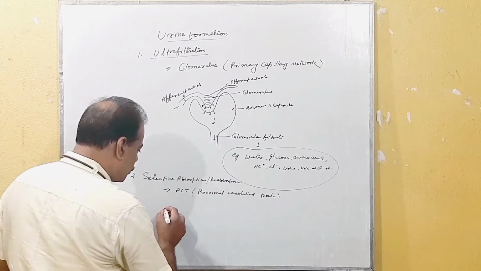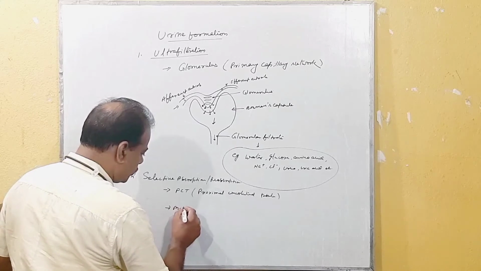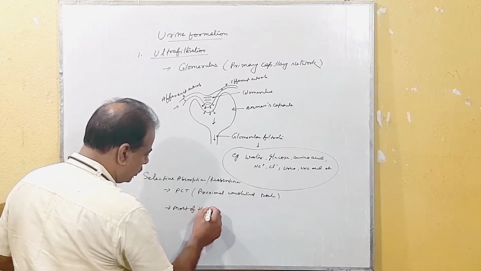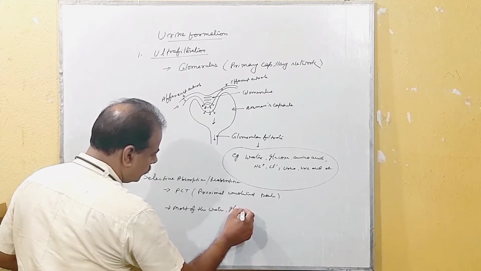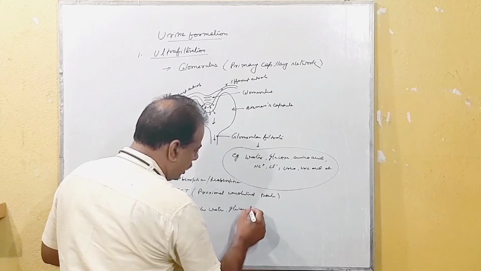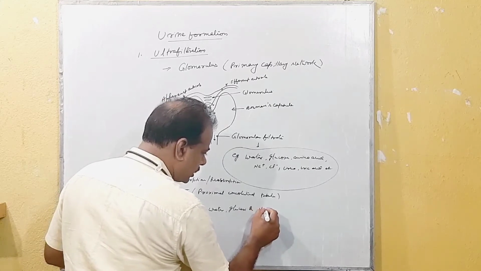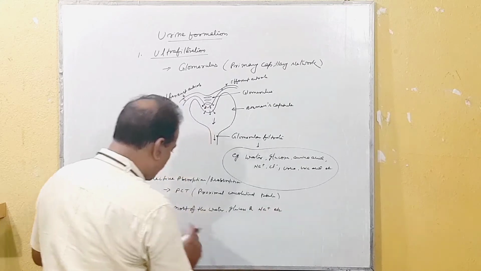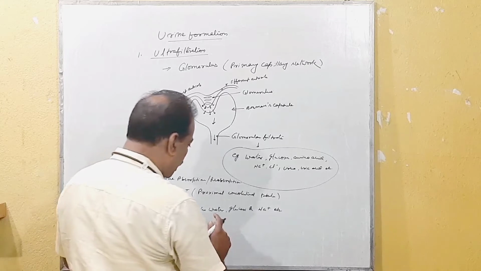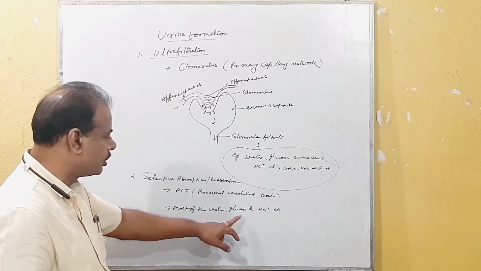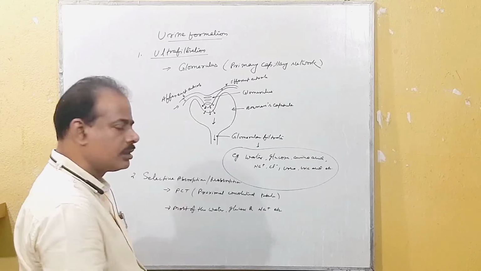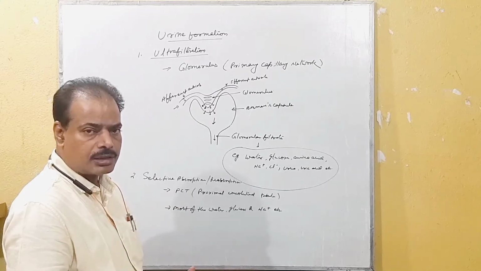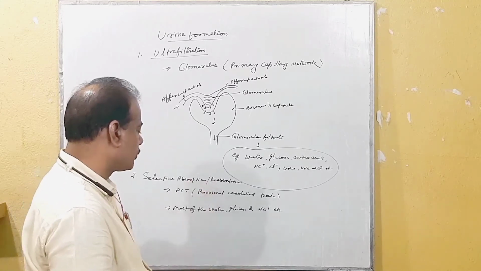Here most of the water, glucose and Na+ ions, etc. are absorbed. So absorption of most of the water, glucose, sodium ions, etc. takes place in the PCT and it is known as selective absorption or reabsorption.